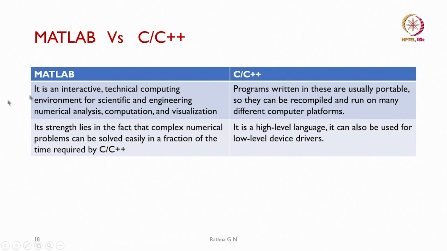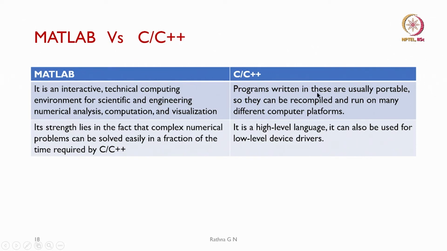Coming to the comparison of MATLAB versus C and C++, we will see. MATLAB is an interactive technical computing environment for scientific and engineering numerical analysis, computation and visualization. Its strength lies in the fact that complex numerical problems can be solved easily in a fraction of the time required by C or C++.